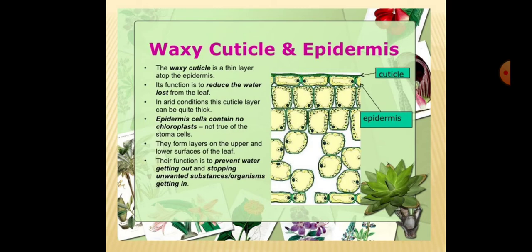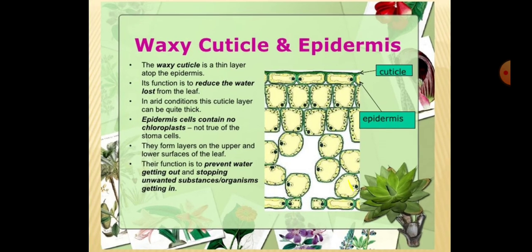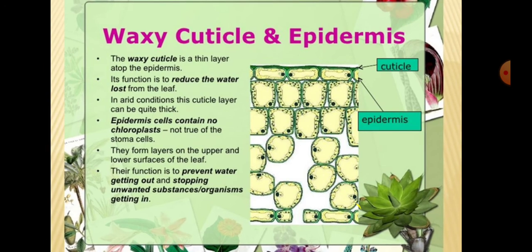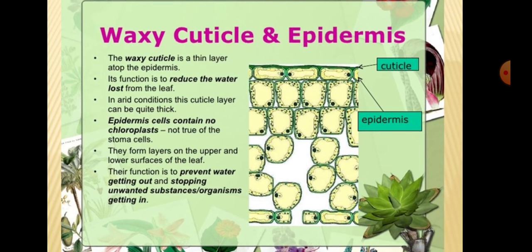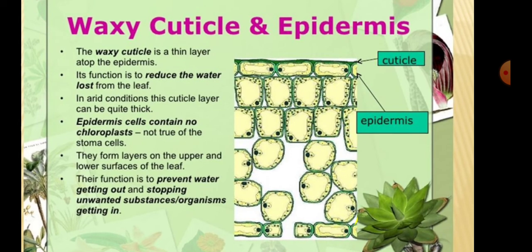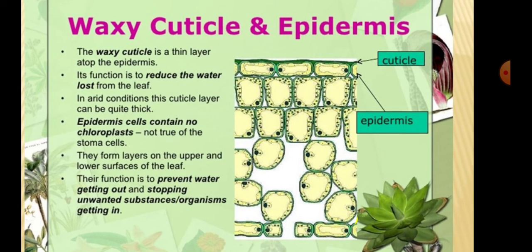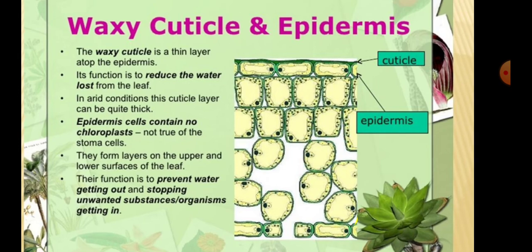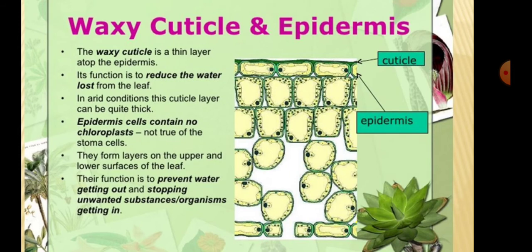Now, waxy cuticle and epidermis are an integral part of epidermal tissue. The waxy cuticle is a thin layer on the epidermis. Its function is to reduce water loss from the leaf. In arid conditions, the cuticle layer can be quite thick.